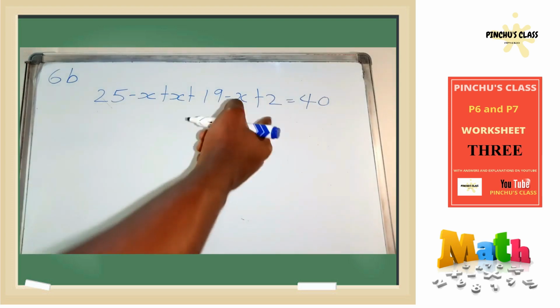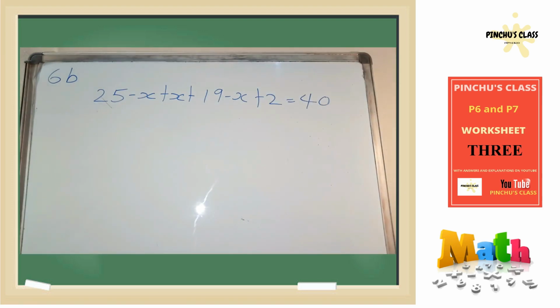Now where do I get this from? In your set, you take the union set, then you add on those which do not like, and then you equate it to 40, the universal set.